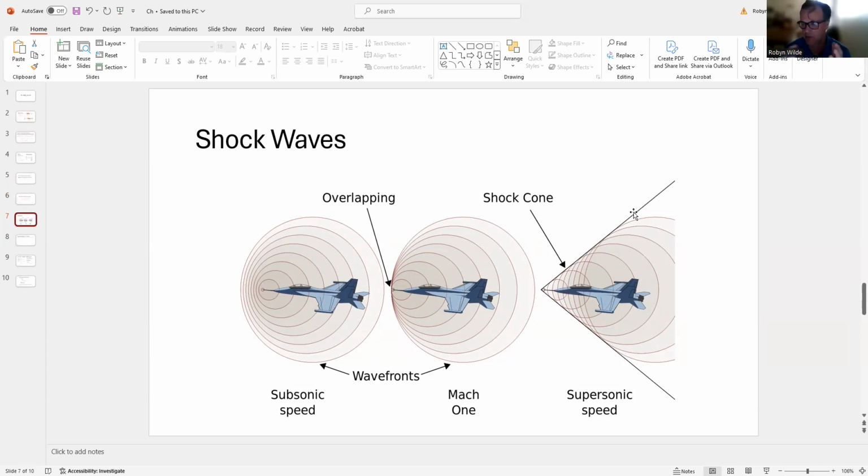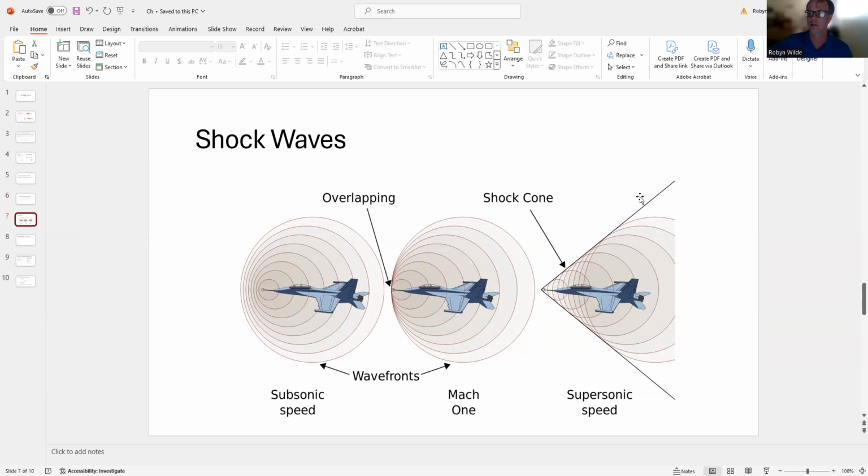Another example that's not related to sound waves that you've probably seen is, let's say a boat is on the water and it travels faster than the speed of the waves on the water. You'll get what's called a bow wave, a big wave in front of the boat, which is like the shock wave that we get up in front of the plane. And you'll get a wake. Now the wake is like the shock cone on the water.